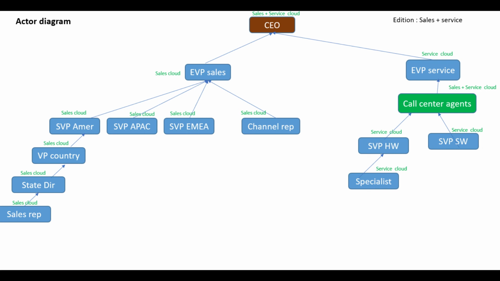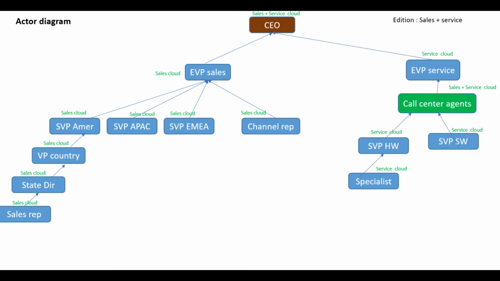One last thing is we have also looked into these licenses, right? So we are saying the Sales and Service Cloud license will be given to the CEO. Only the Sales Cloud license will be given to the EVPs and SVPs, the VPs of the Sales Cloud side. On the Service Cloud side, we definitely need Sales plus Service Cloud for call center agents, and maybe we just need Service Cloud for the others.